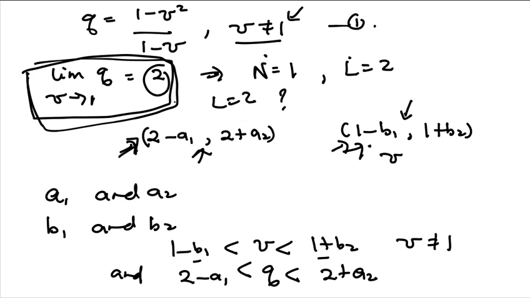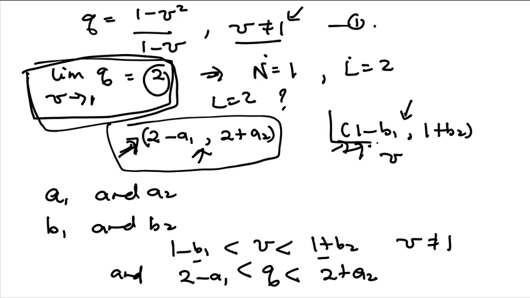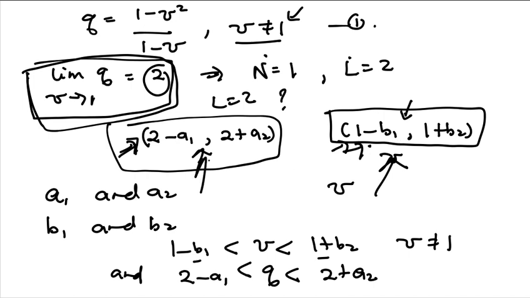So here it is. For every chosen neighborhood of L, that is between 2 minus A1 and 2 plus A2, there exists a neighborhood of N, that is this one, such that whenever V is in this neighborhood of N, Q must be in this neighborhood of L, isn't it?